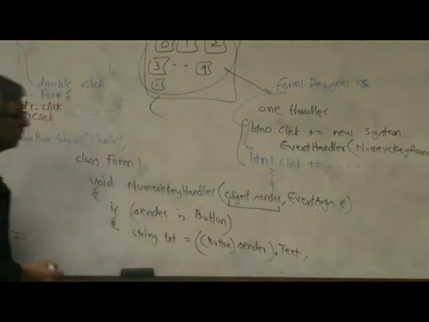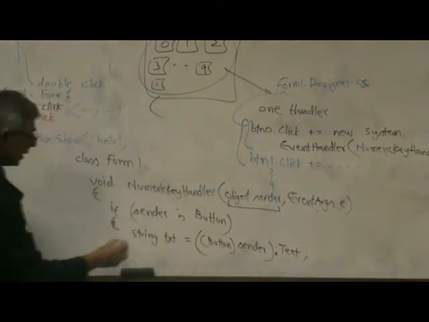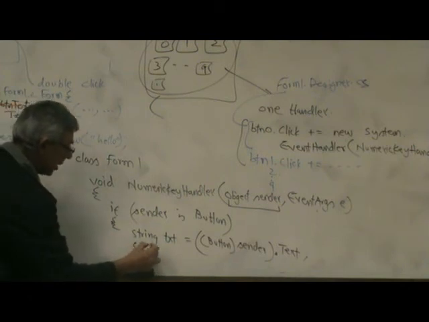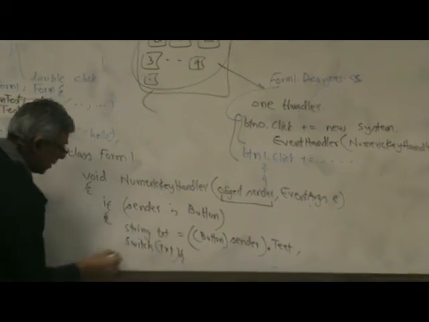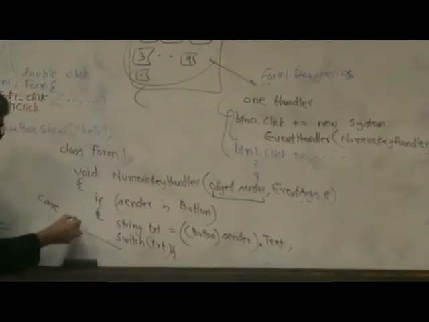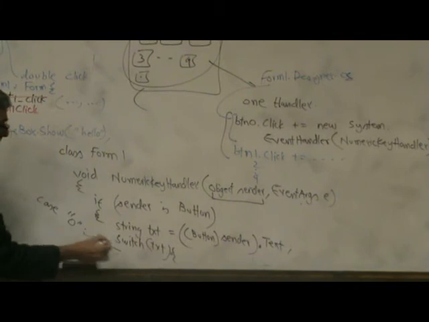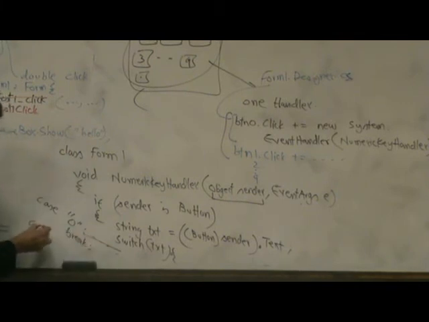Okay, and we can say string text equal to, right? And now we can say switch text, and case 0 means button 0 was pressed. Case 1 means button 1 was pressed, and so on, right?